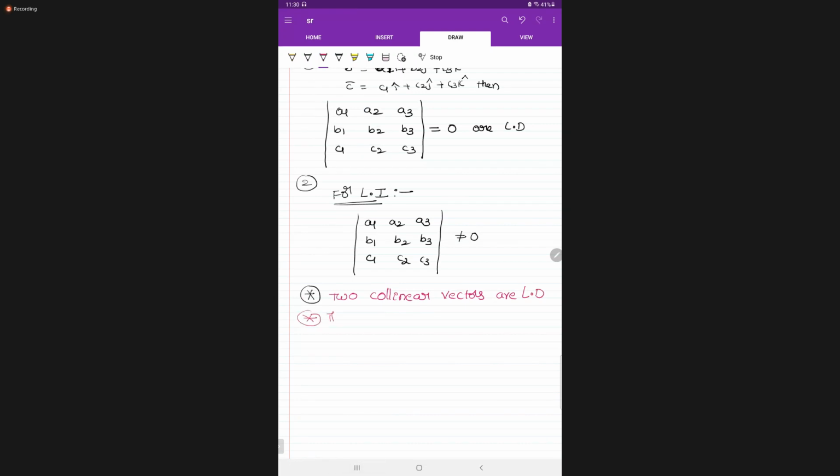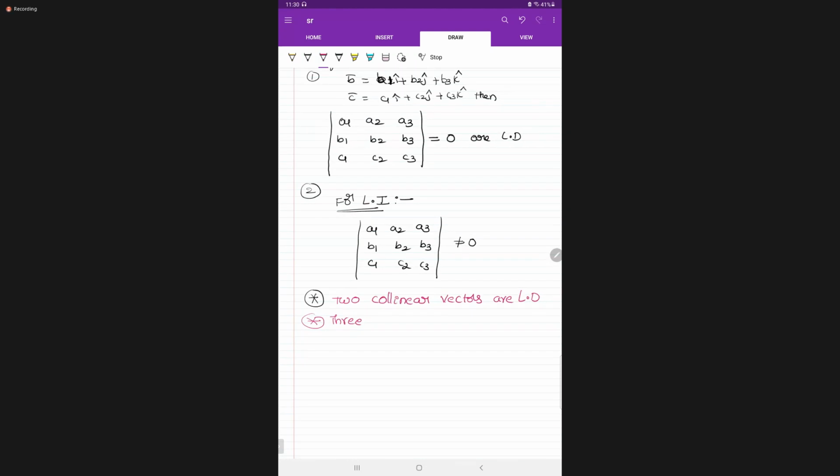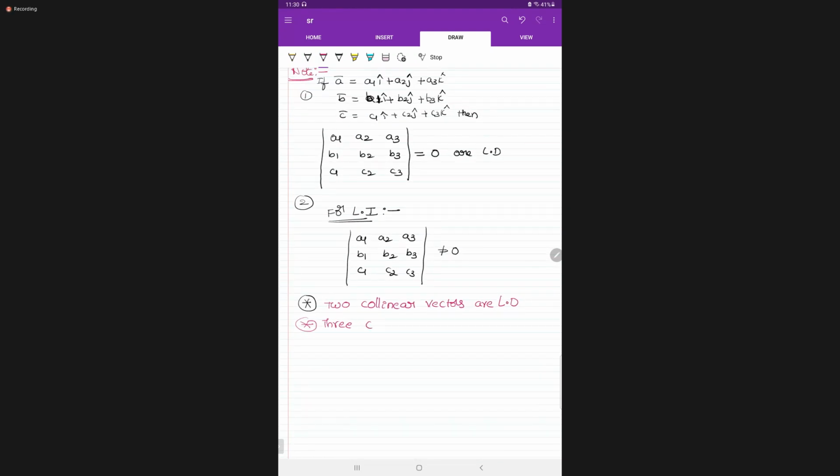Three coplanar vectors are linear dependent only.